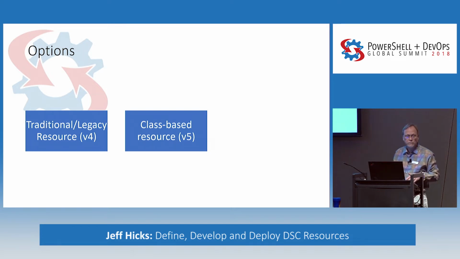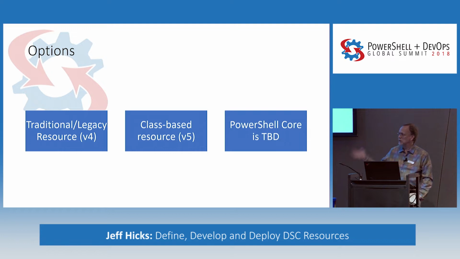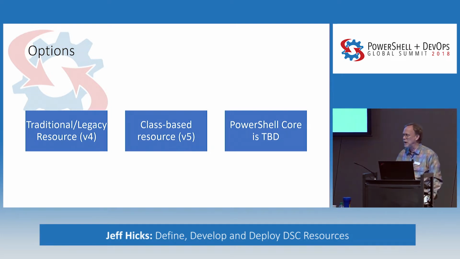You have to keep that straight, but you can certainly do both. PowerShell Core, well, I don't know. That's still to be determined. But I would imagine that the concepts and things I'm going to talk about won't change. The tooling might change. So we're not going to be talking about PowerShell Core. I'm going to be doing everything from a Windows 10 box, talking to servers running 2016 Server Core.